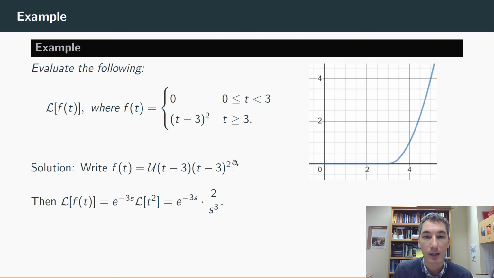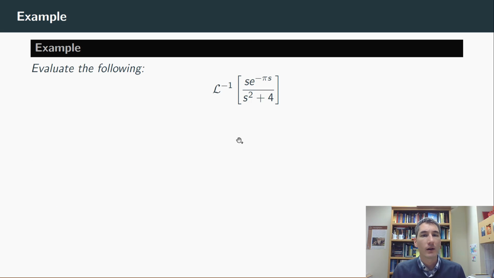This is a type t squared function, and I know that the Laplace of that is 2 over s cubed. So the Laplace of this is e to the minus 3s times 2 over s cubed. All right, and that's all there is to it. So if you wanted to have some forcing term that was 0 for a while and then turned on and looked like a t squared, then this is how you could Laplace that.